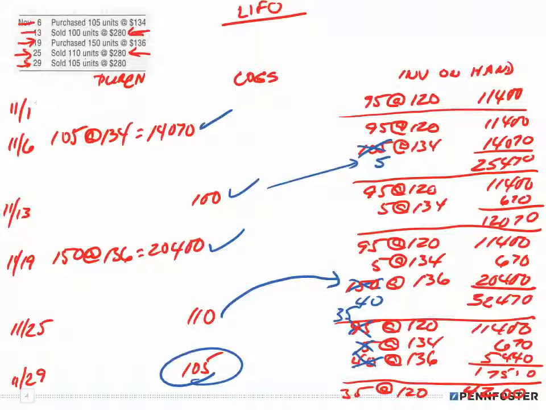All right. So I had 40 at 136 times 40. Okay, let me get that right. That's 5,440. Sorry.